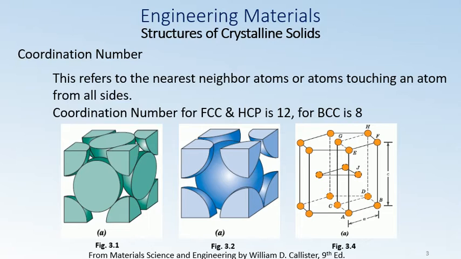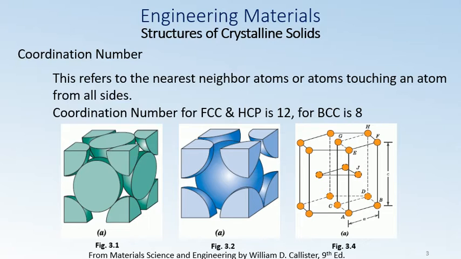For HCP, that is in figure 3.4a on the rightmost bottom corner, again the coordination number is 12. Please take any single atom and try to count how many atoms are in direct contact with it. And for BCC, this is just 8 atoms that are directly in contact.